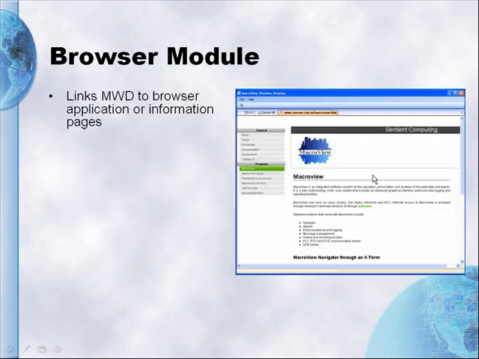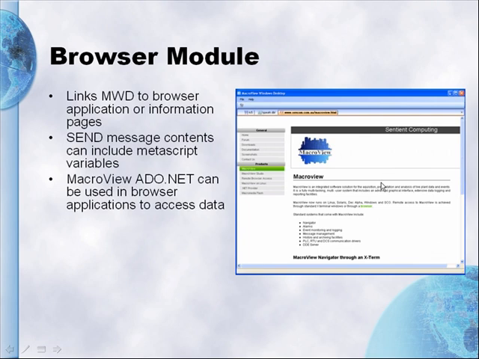Okay, I covered the browser module. I think I covered most of these things. Just a note, if you have an ASP.NET implementation for your intranet, say you've got applications written using ASP.NET, you can still use MacroView ADO.NET to have your web application extract data from the MacroView servers, historical data, whatever.